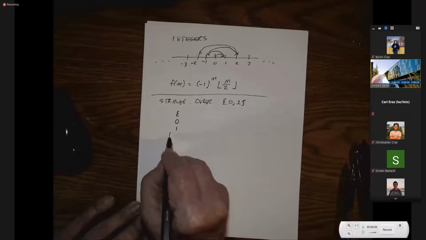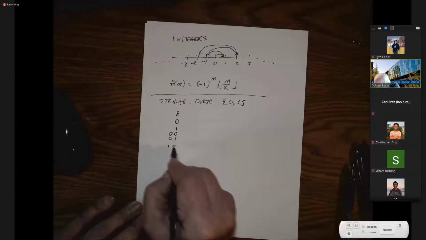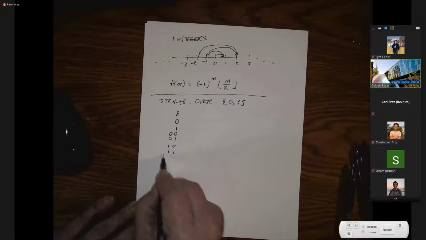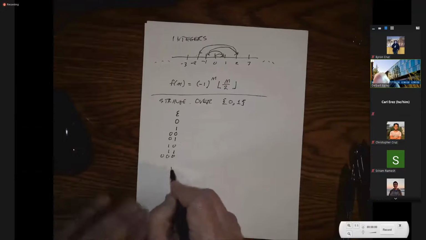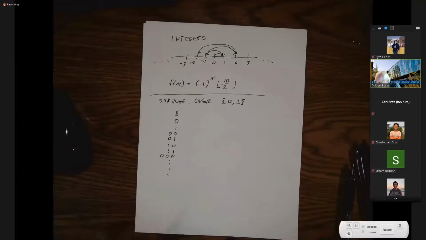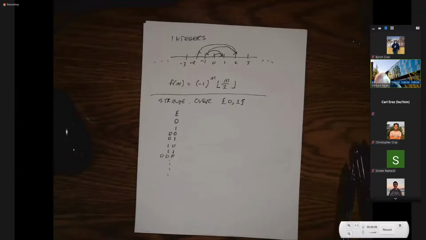And I'll do length 2 strings. And I could do length 3 strings. You know what this is going to be, right? This will be all possible strings of zeros and ones, right?